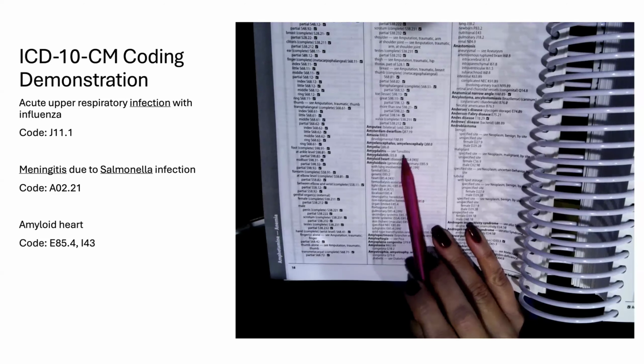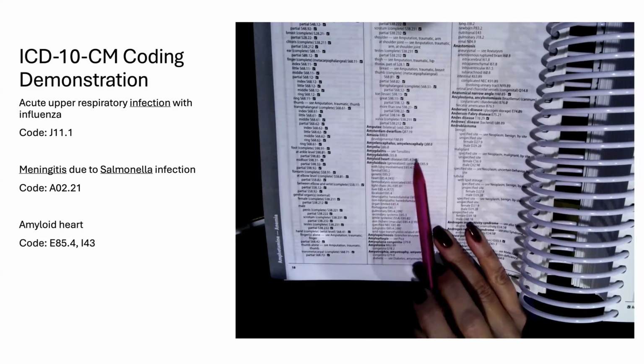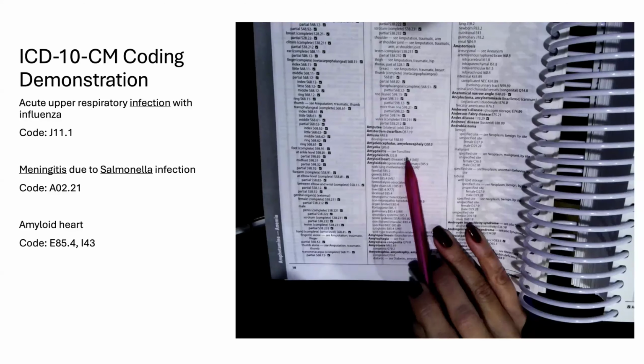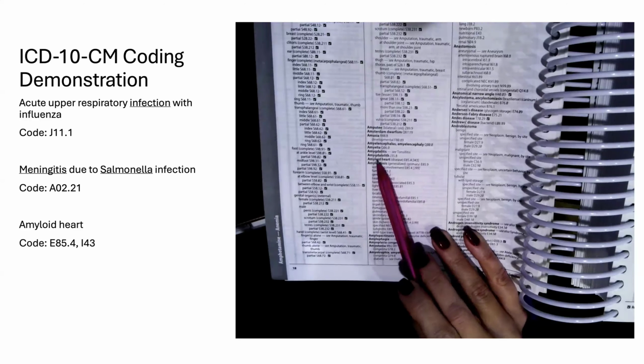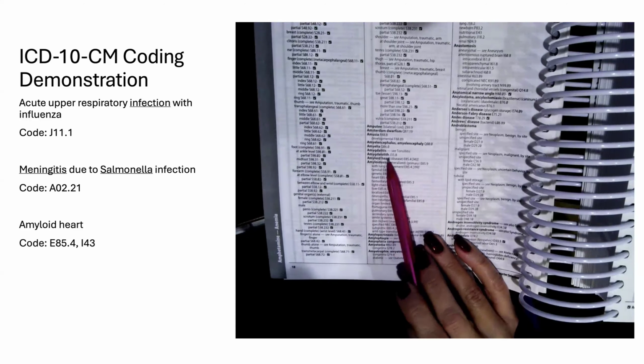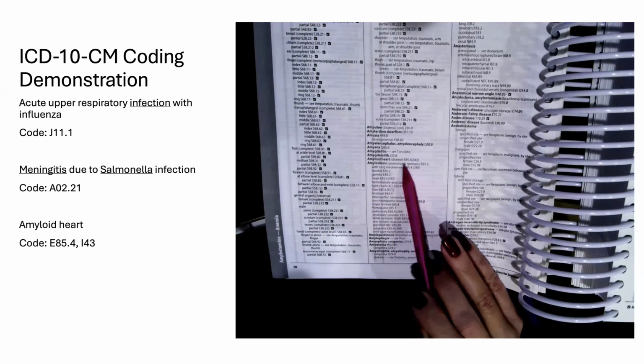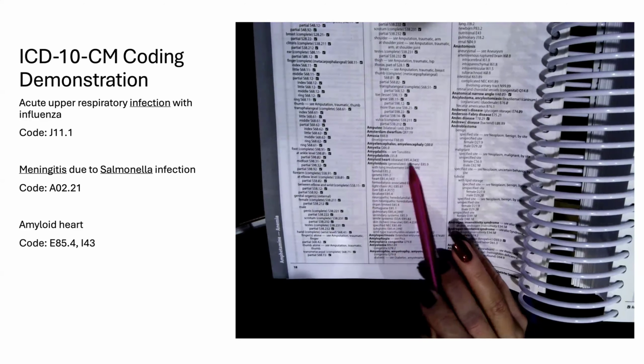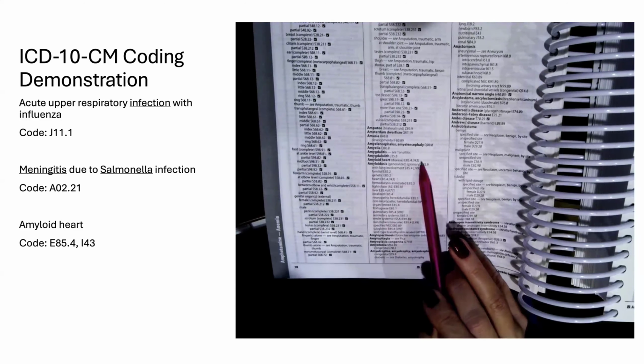And what this tells us is a sequencing order. That code in brackets is always going to be sequenced after that primary code. So for this case, in order to fully capture the condition of amyloid heart, we must use both of these codes. So 2 codes are required to fully capture it.